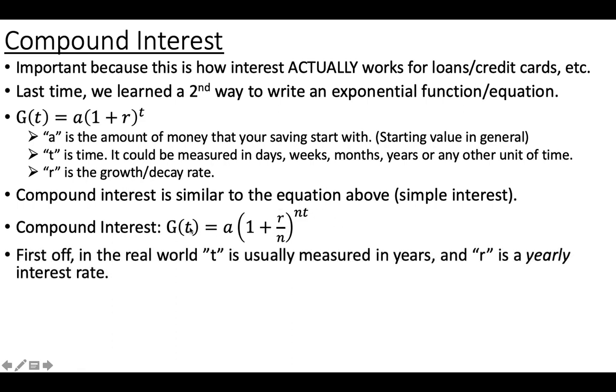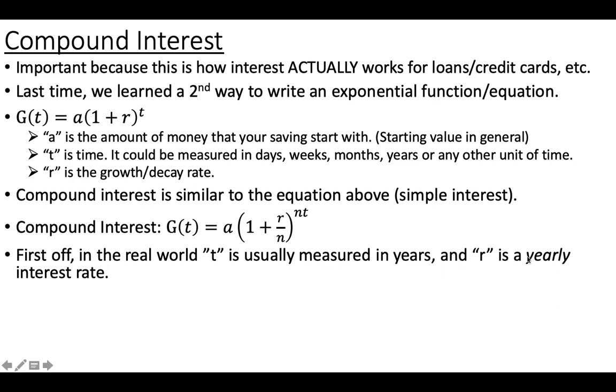Okay, now the one thing that's really important to know right off the bat is that in the real world, especially for this bottom one, T is usually measured in years, and R is a yearly interest rate. Like when you go look for a car, they'll say something like 7% APR. APR stands for annual percentage rate. Okay, so annual, that's a year.